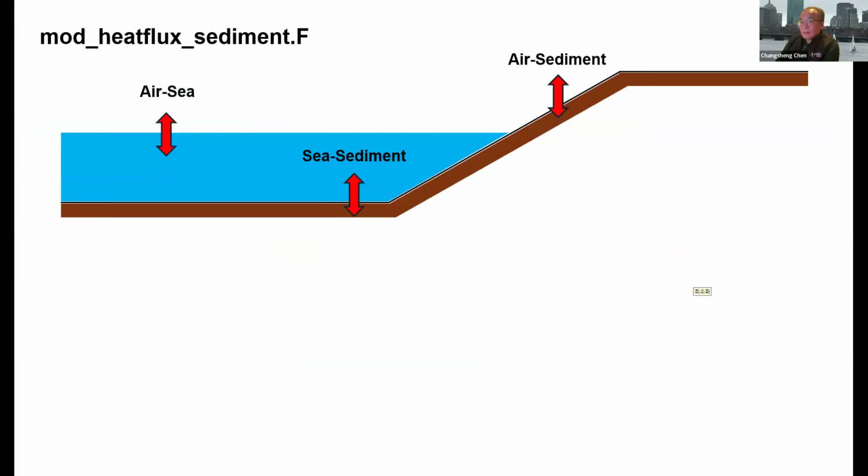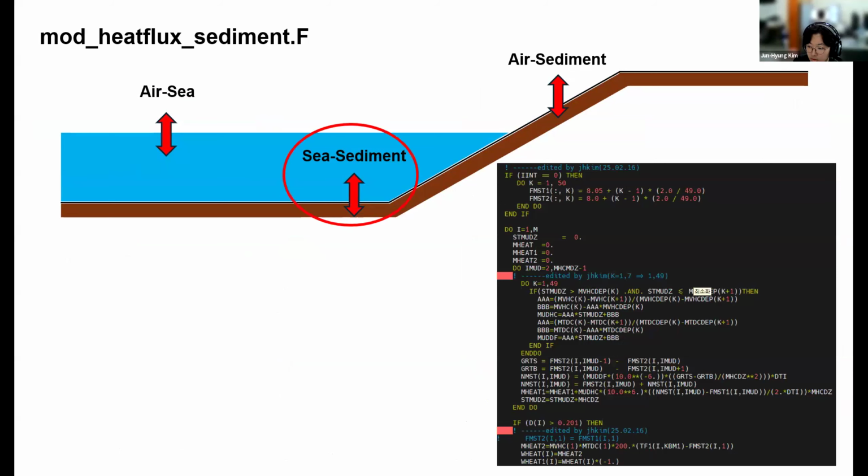This module includes these three types of interactions, but in this code, many parts are commented out, and some variables and parameters are not defined in the entire source code. So I modified the code and activated the sea-sediment interaction and confirmed that this interaction is working through some idealized tests.